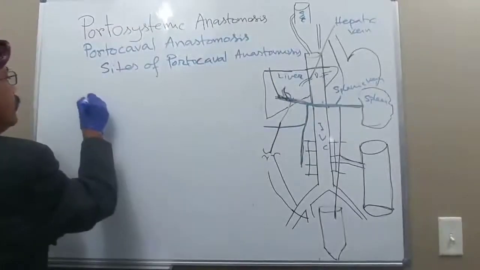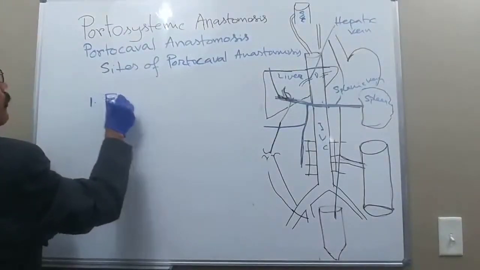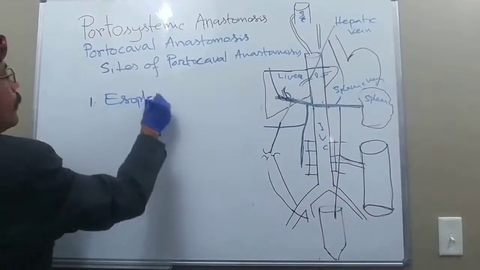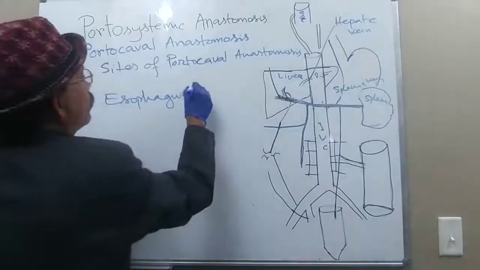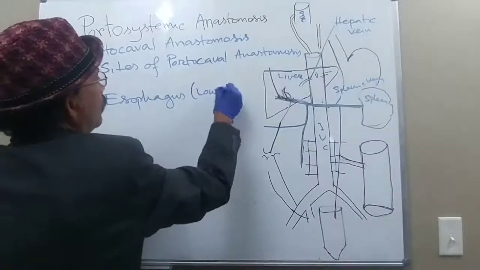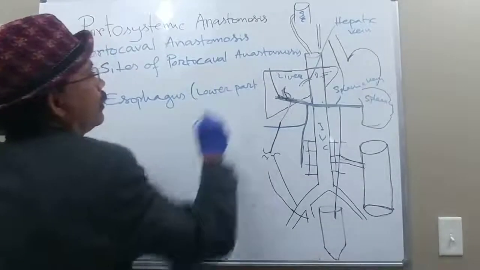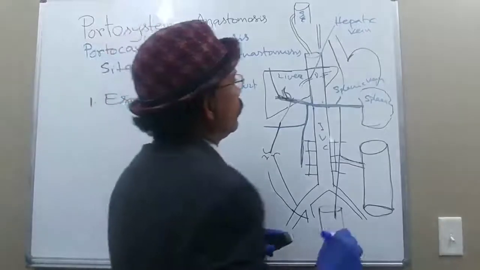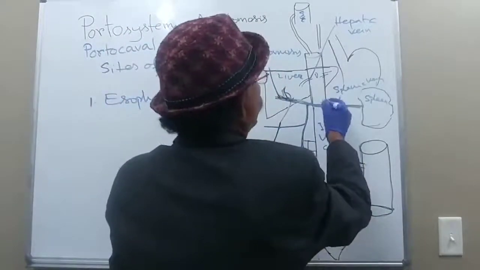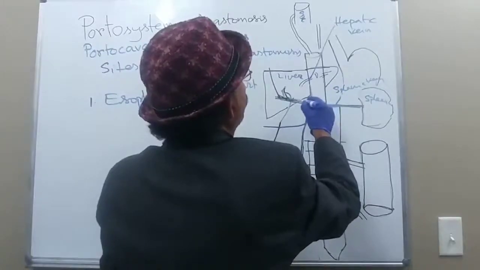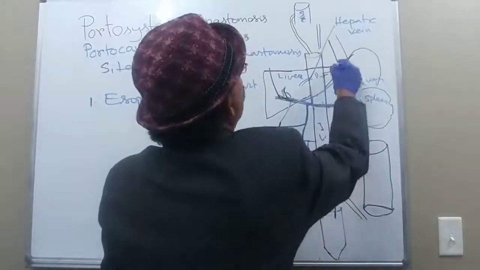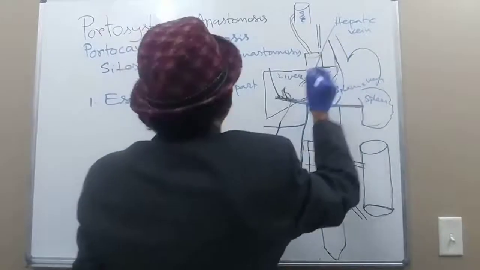Number one is the esophagus. The lower part of the esophagus gets its venous drainage by means of the left gastric vein.